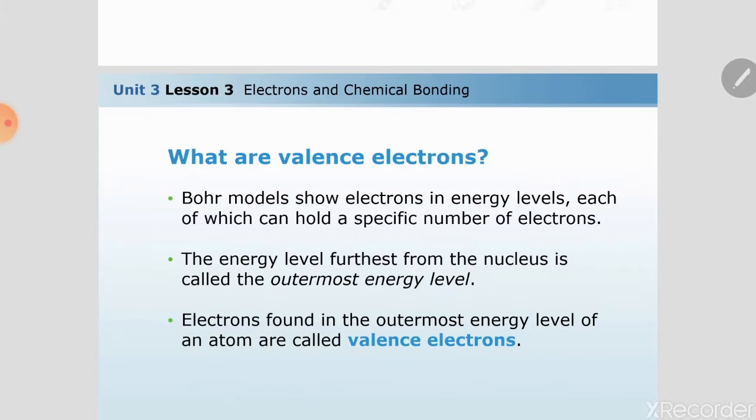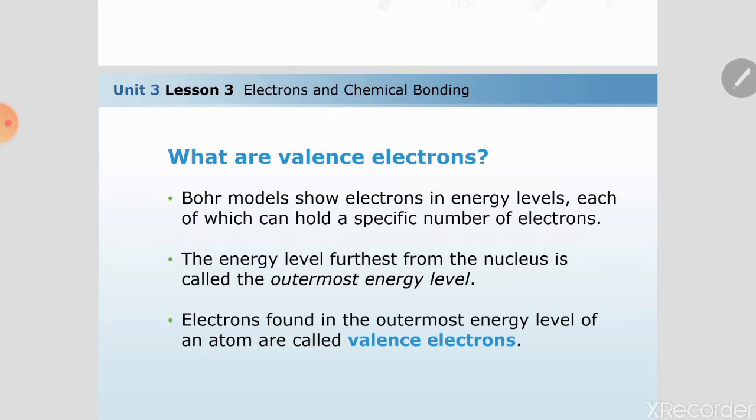Okay, what are the valence electrons? Actually, we started talking about valence electrons from the last lesson, when we take the periodic table, when we talk about the groups, or the families.